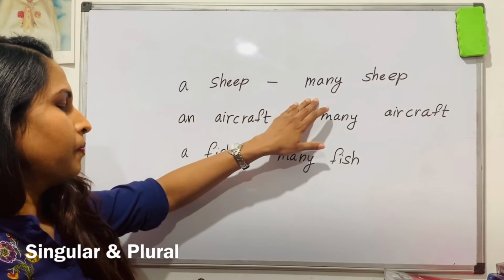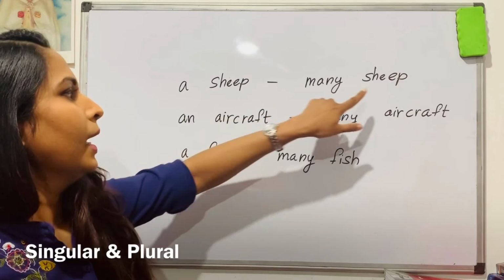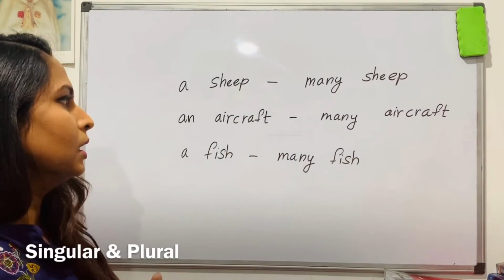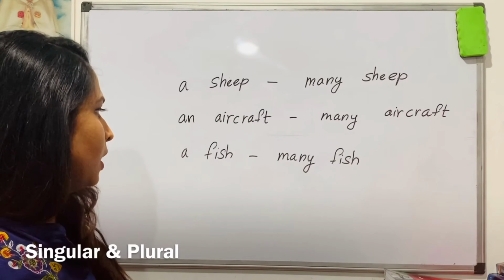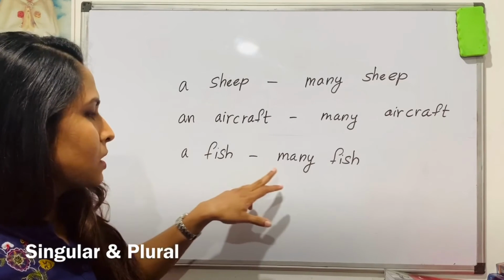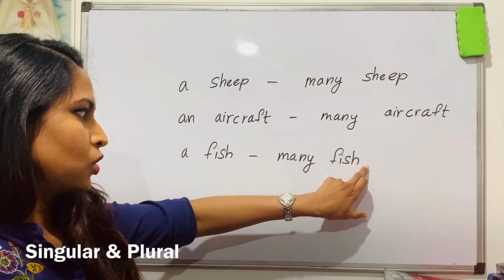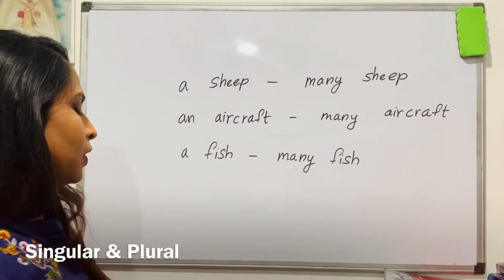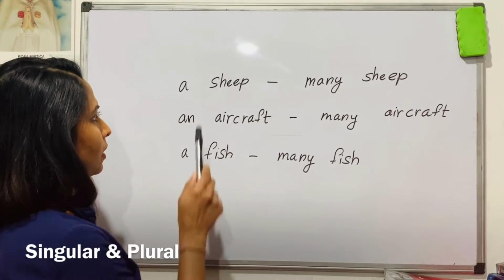These words in singular and plural remain the same word without any change. But sometimes in some books we can say also fishes. I think the best way is fish, so you better practice this.